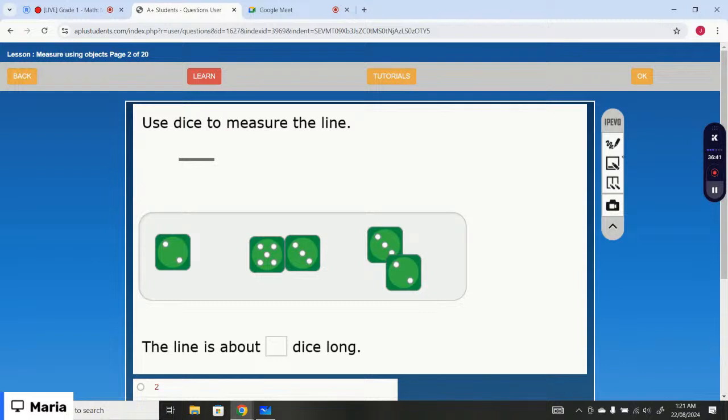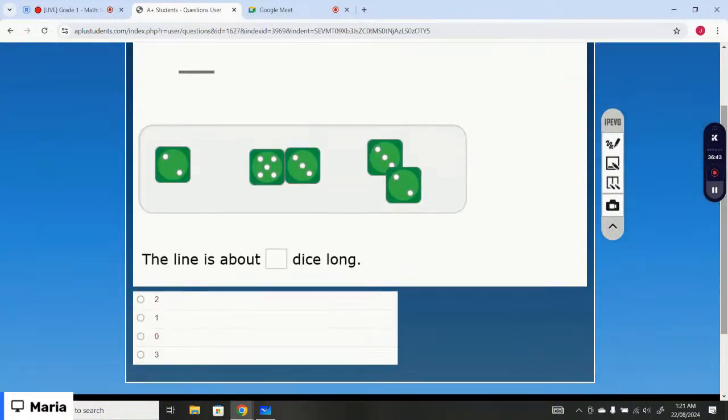Use dice to measure the line. So which is the correct option? Which is the correct option?